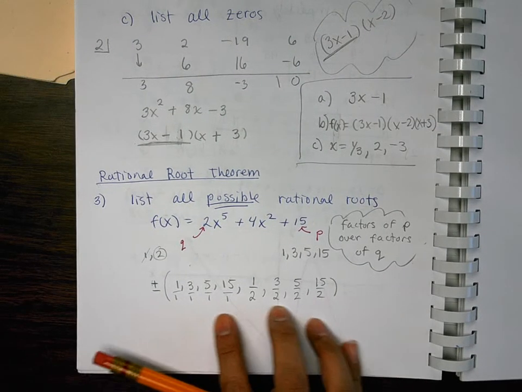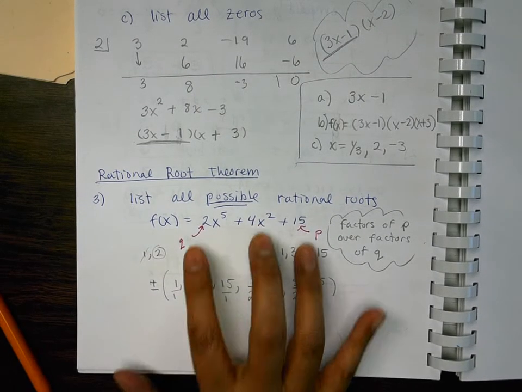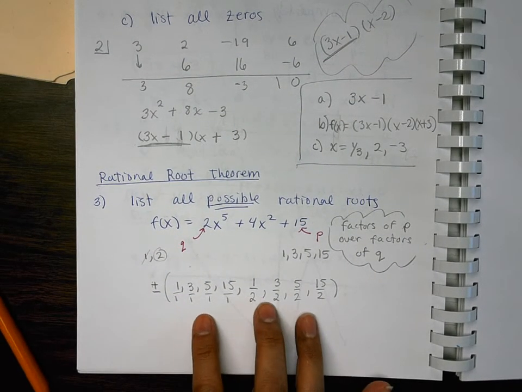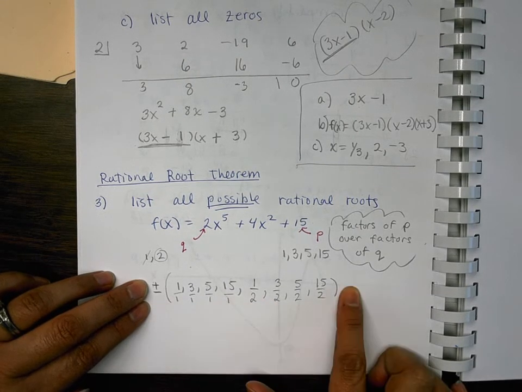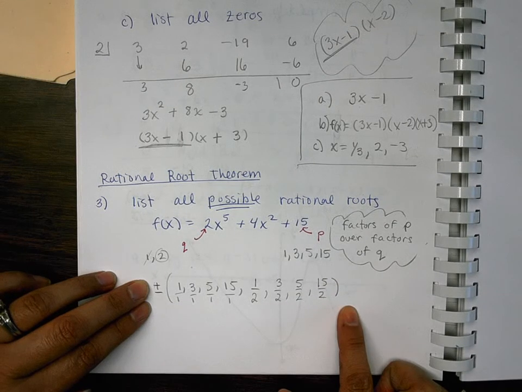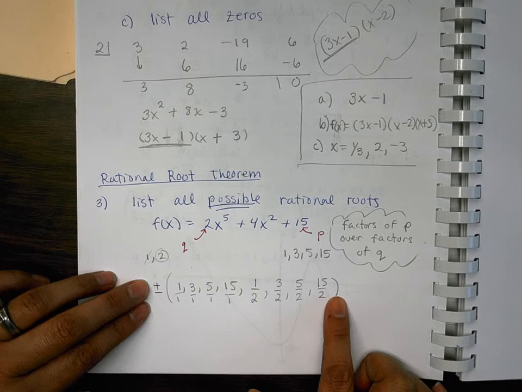So that means all the possible solutions for this set are coming from this list of numbers, plus or minus. So positive 1, positive 3, positive 5, positive 15, and all of the negatives as well. 1, 2, 3, 4, 5, 6, 7, 8 times 2, so there's 16 possible roots.